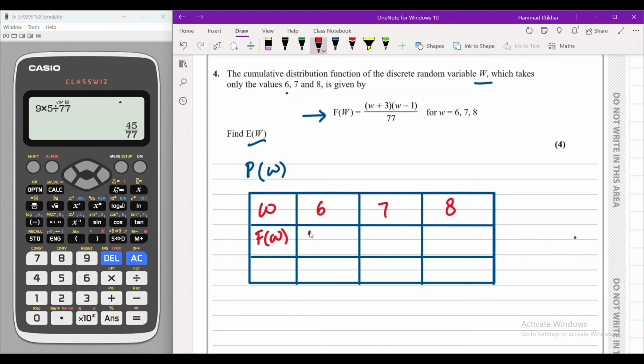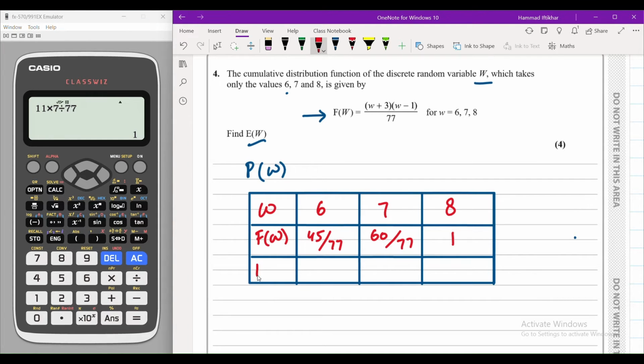That is 45 over 77. Okay, let's keep it exact. Then we have 7. 7 plus 3 is 10, times 7 minus 1, 6, divided by 77. 60 divided by 77. Now 8 plus 3, 11, times 7, divided by 77, that is 1.